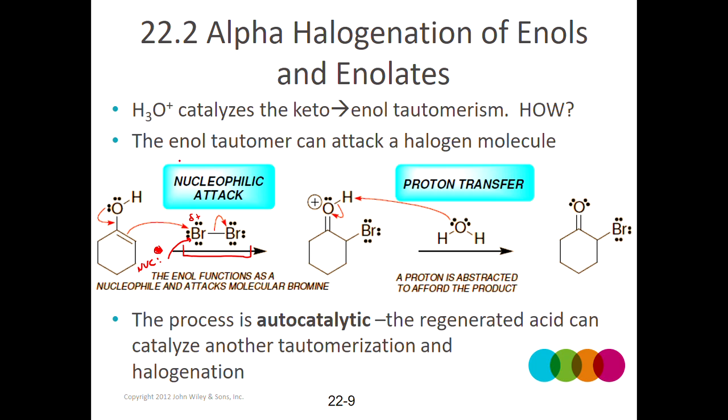So one way to do this reaction, which ultimately involves conversion of an alpha proton into a halide, so we're doing a substitution reaction, removing a proton, replacing it with a halogen, is to first use the acid necessary to catalyze the ketone-enol tautomerization reaction that produces an enol.